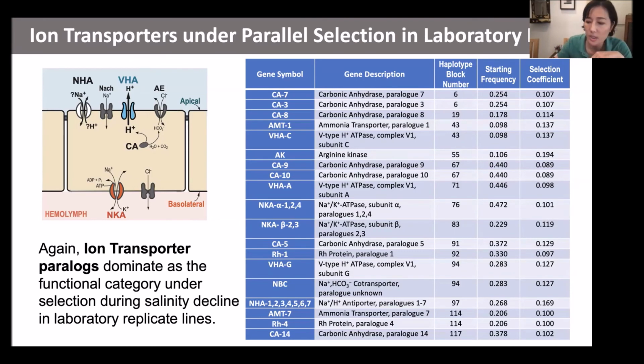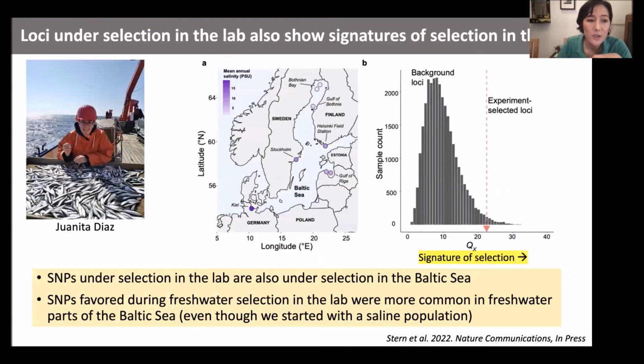And again, here you see paralogs of carbonic anhydrase and paralogs of the sodium hydrogen antiporter. I'm not going to point because it seems to advance my slides when I try to use the cursor. And interestingly, the SNPs under selection in the laboratory were also showing signatures of selection in the wild Baltic Sea populations.